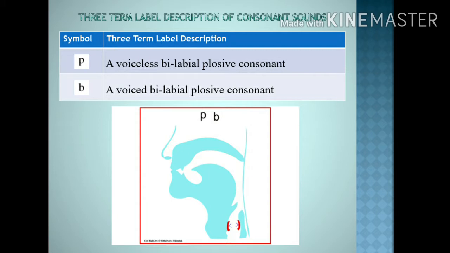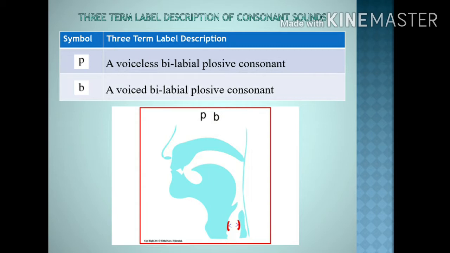So see now, P and B. P is a voiceless sound, whereas B is a voiced sound. Both the sounds are bilabial sounds and both the sounds are plosive sounds. So the three-term label description: label number one, you need to identify whether the sound is a voiceless sound or a voiced sound.